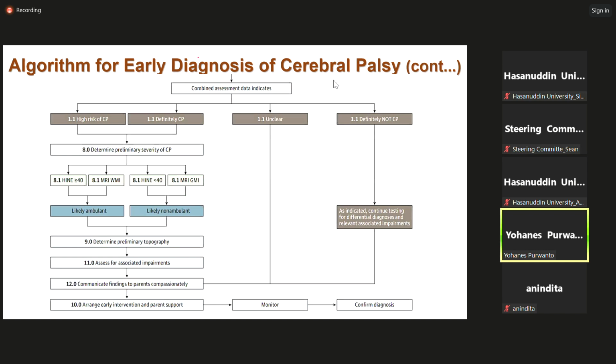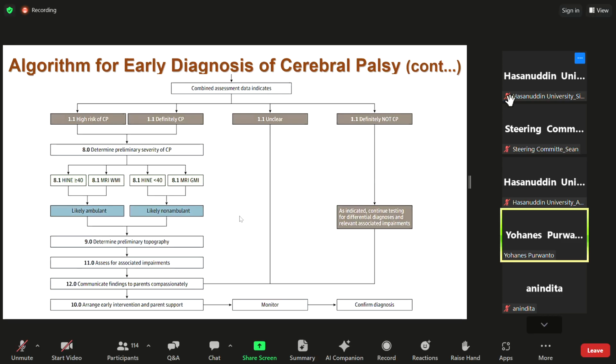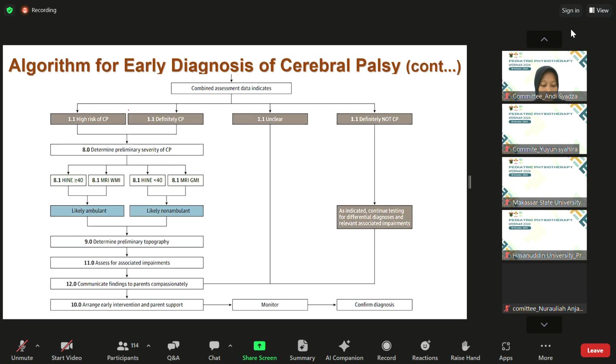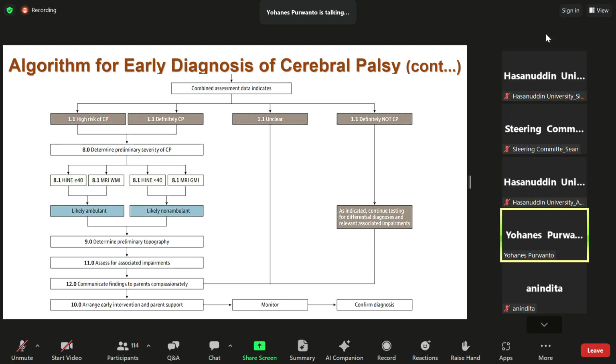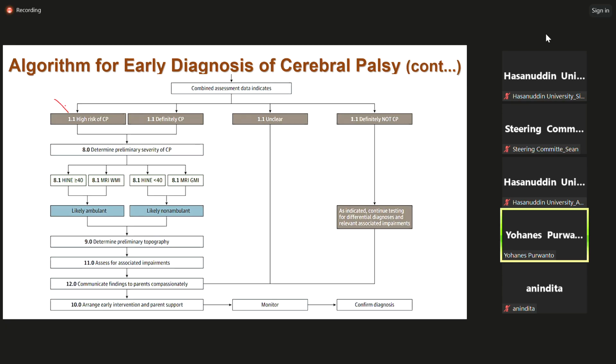And the next slides, after we combine assessments, finally we are able to make a classification. First, high risk of cerebral palsy, or definitely CP, or definitely not CP here.